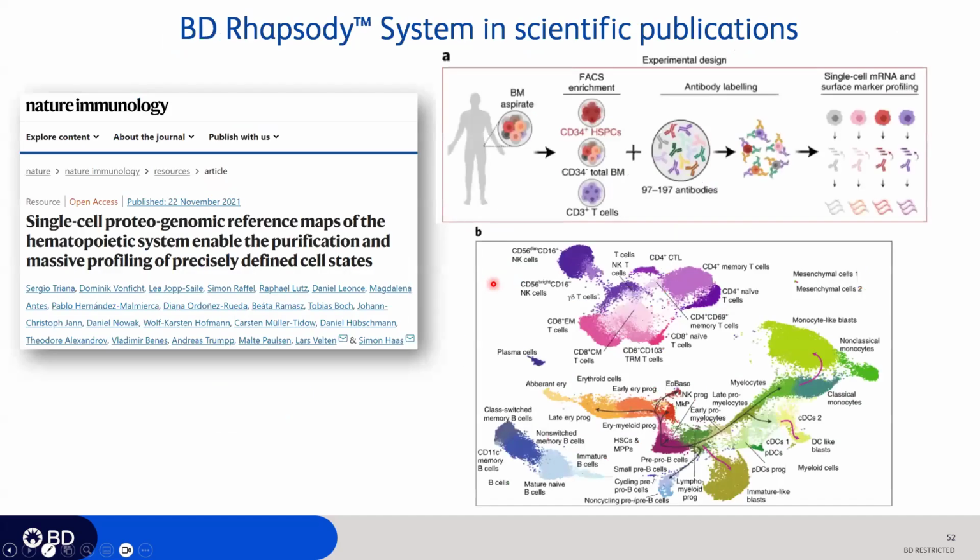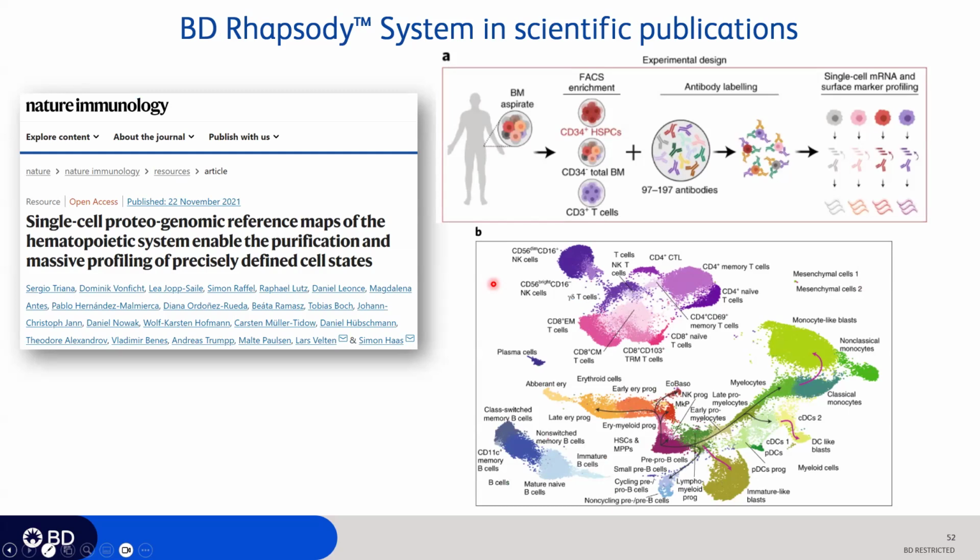So I wanted to give an example from the literature that is super fun. So this is a group out of Germany. This is Simon Haas's lab, and they made a proteogenomic reference map of hematopoietic stem cells and their intermediates. So their goal in this publication was to close the gap between clinical flow diagnostic panels and the expected RNA expression.